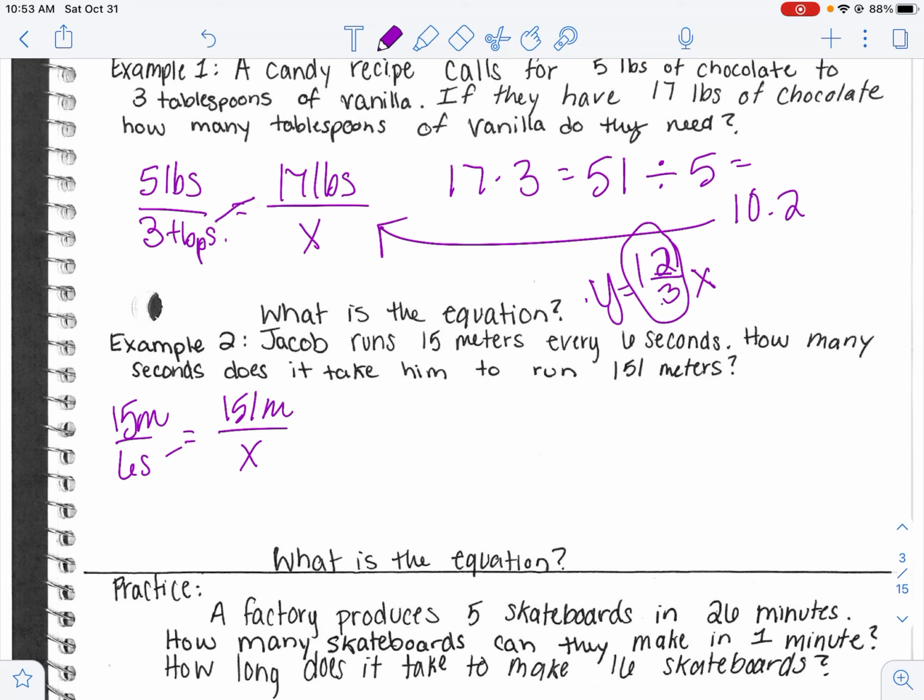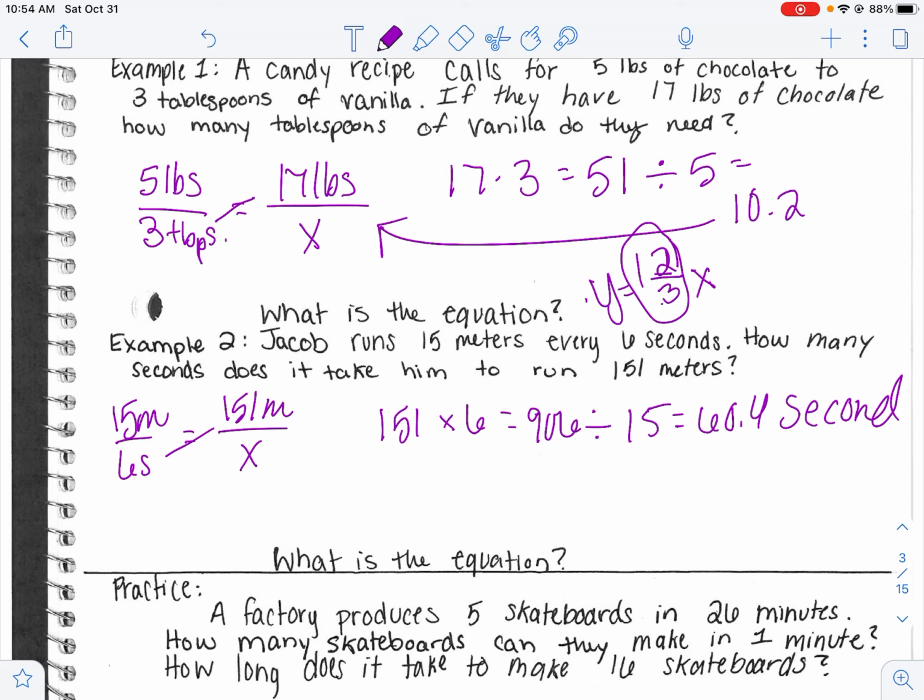Again, multiply across. So 151 times 6 is 906, divided by 15 gives us how long it takes him. So it takes him 60.4 seconds to go that far.